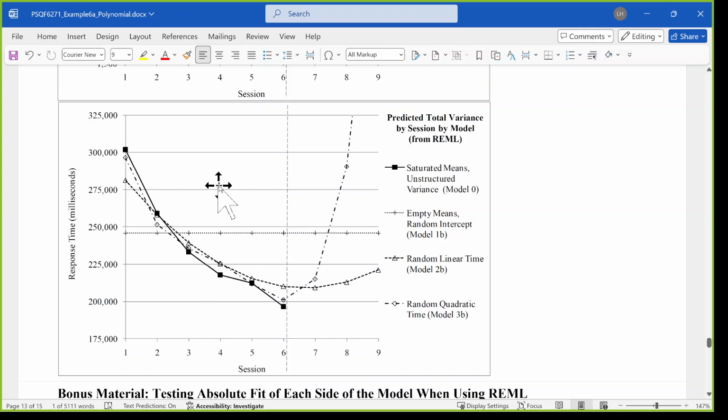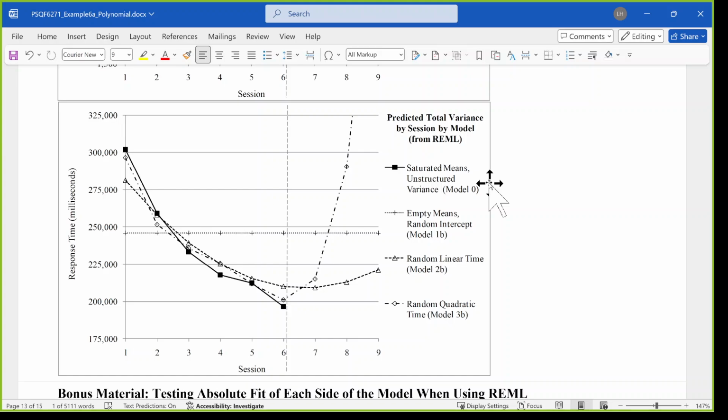So how well did these do? Can I use a likelihood ratio test to answer that question? Can I test whether my random quadratic variance model is a good approximation to the unstructured one with a likelihood ratio test?